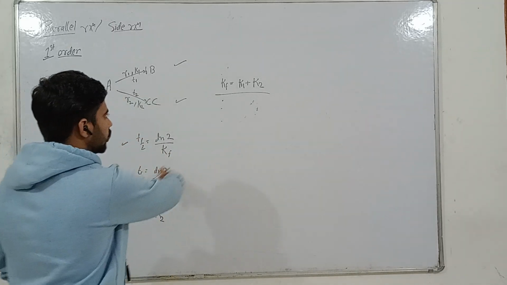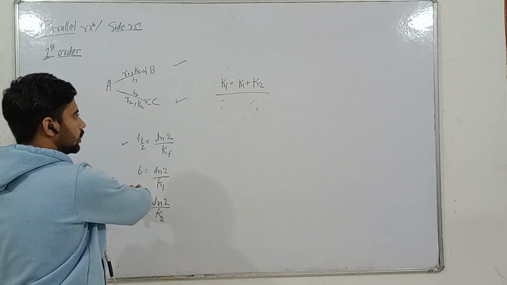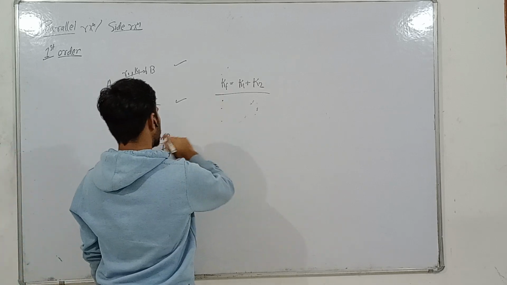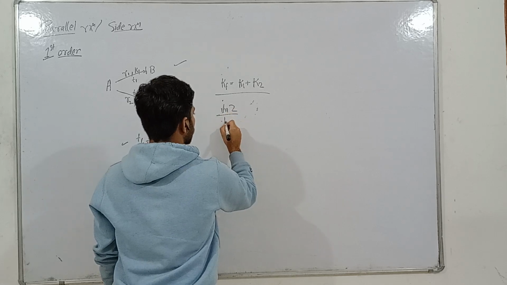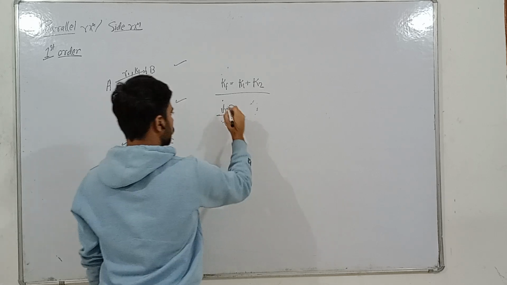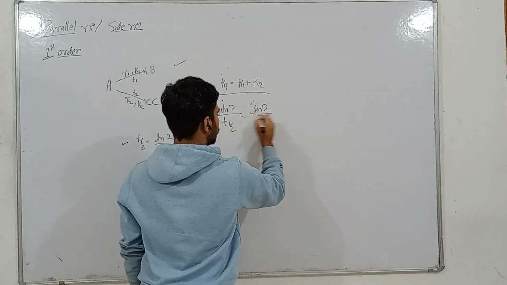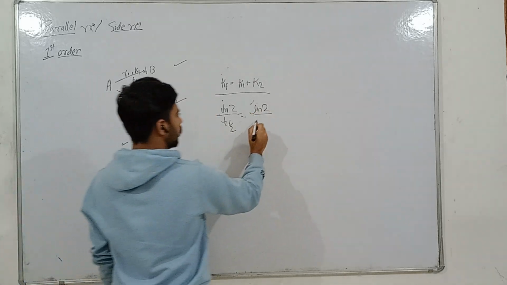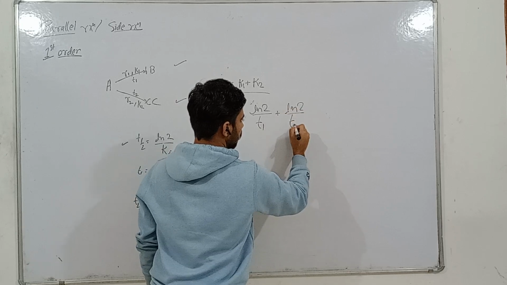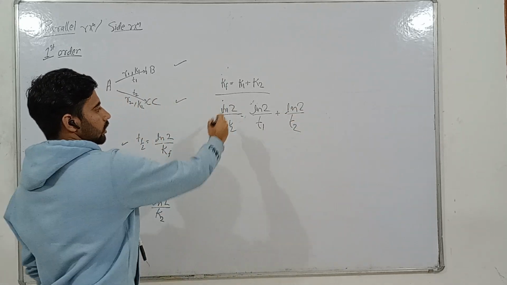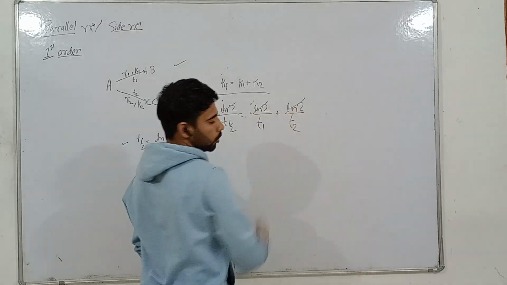If you put the value of k into this equation, then kf equals ln2 divided by t half of the reaction, equal to ln2 divided by t1 plus ln2 divided by t2. Here we can cancel out ln2 from both sides.